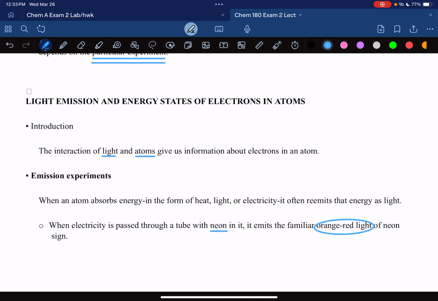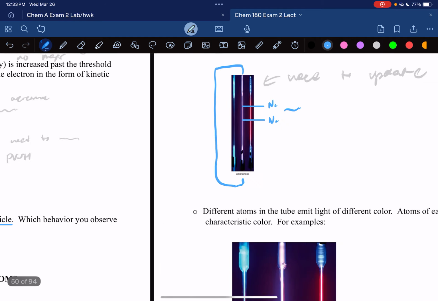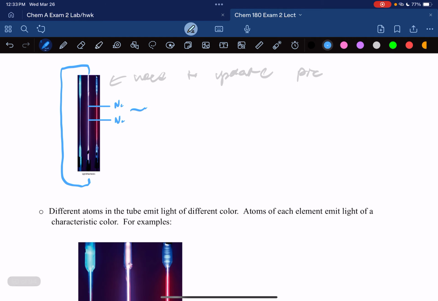In the process, it gives off light, and we use wave properties to represent that. So injecting it with more energy releases that light, which looks orange and red.